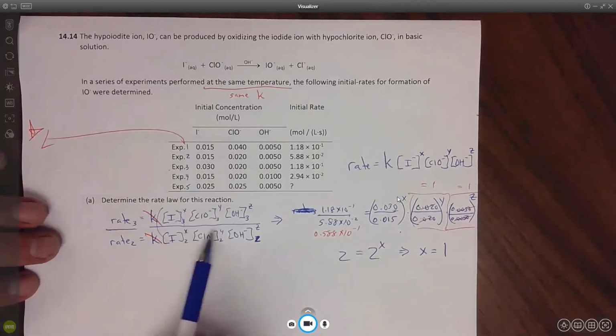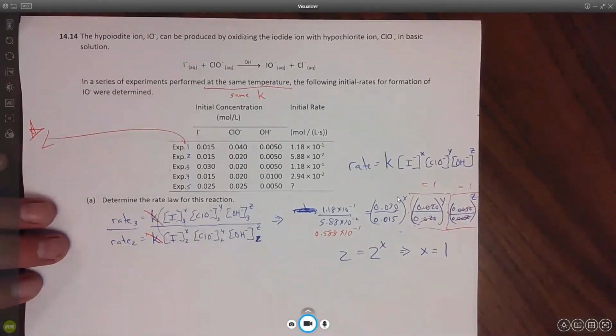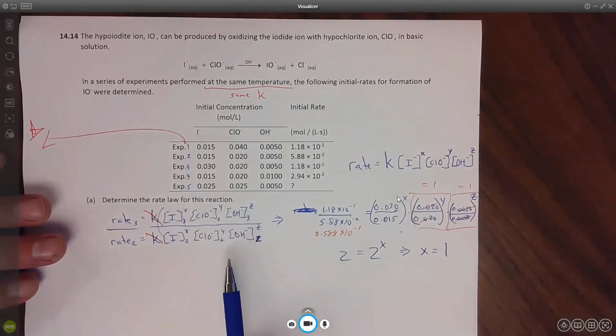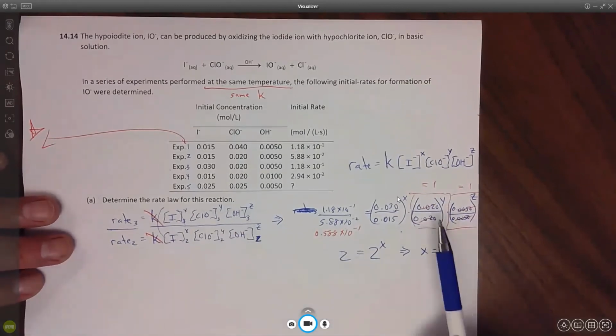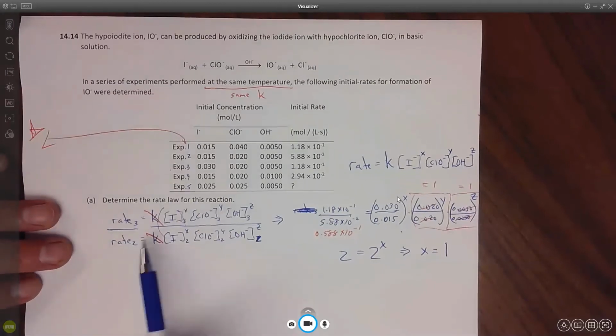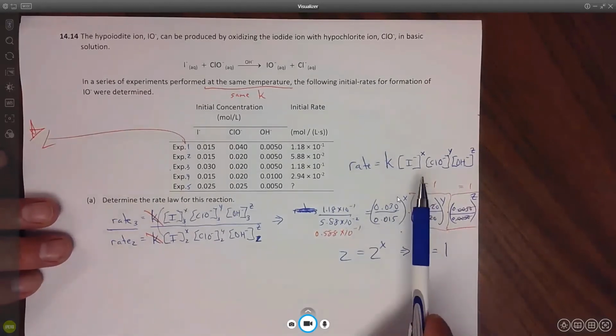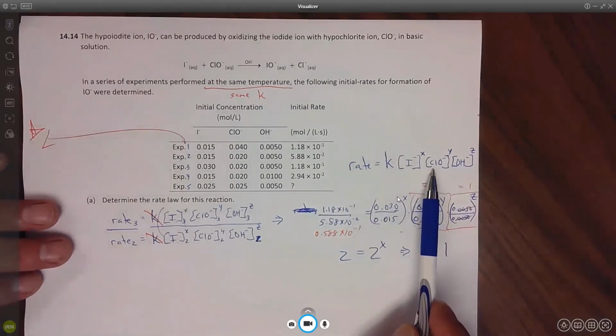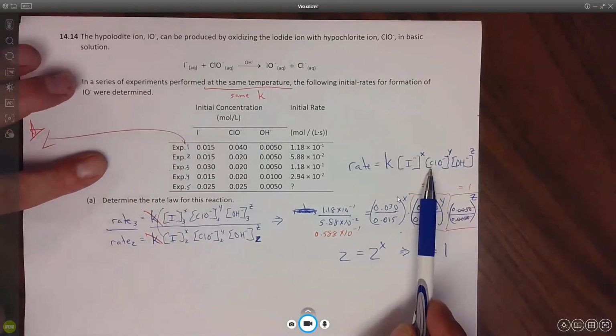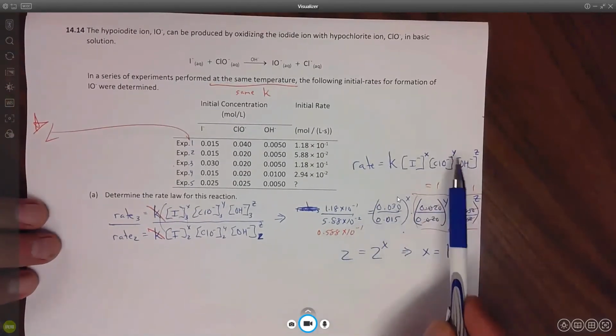And we're basically going to use this idea again, where as long as we keep the concentrations of everything else constant, we know that we could ignore those that are constant. Then we could just compare the rates of the 2 experiments and the concentrations of the things that we're interested in. So if I'm looking at the hypochlorite ion, what two experiments do I want to choose to determine y?